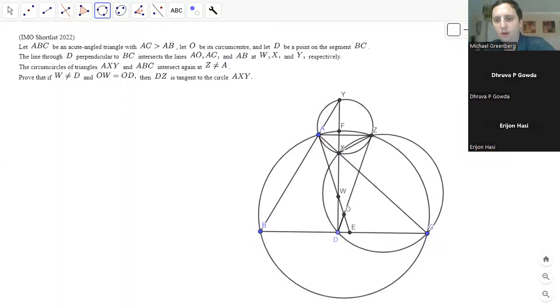So we just need either ZXTC or YZDB. One of those two.